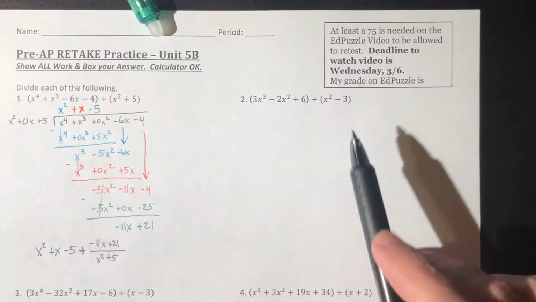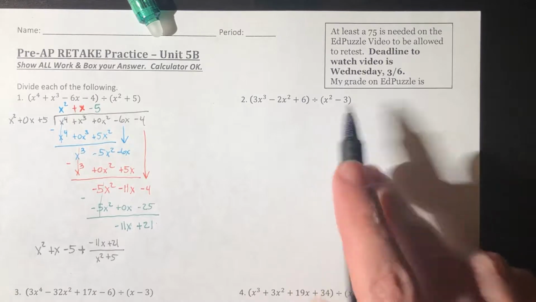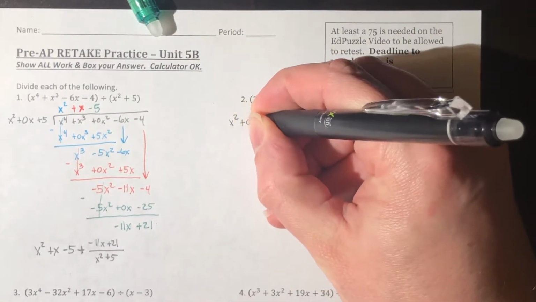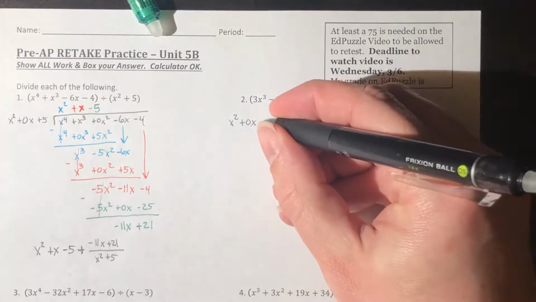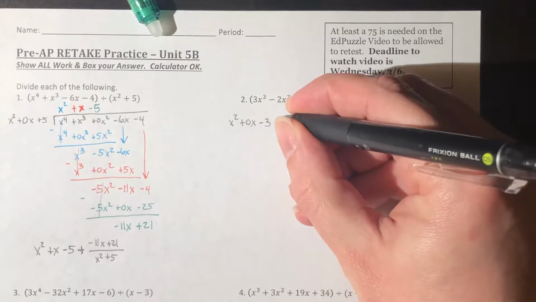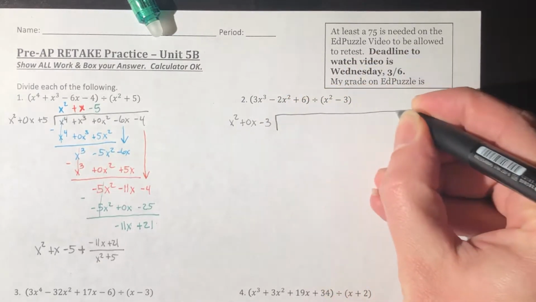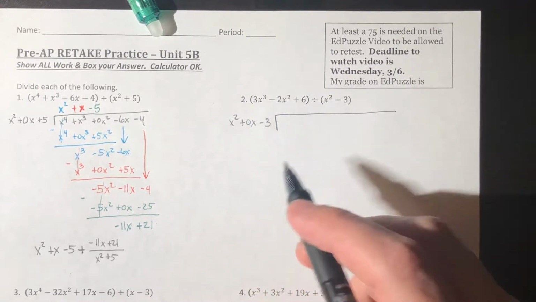So in question 2, we're going through the same process. So what I'm dividing by, so I've got x squared plus 0x, because I don't have that middle term, minus 3. That's what I'm dividing by. And what I'm dividing is this 3x cubed minus 2x squared plus 6.